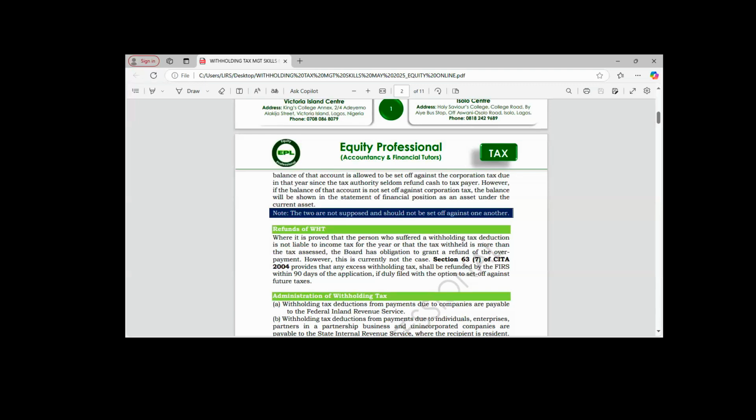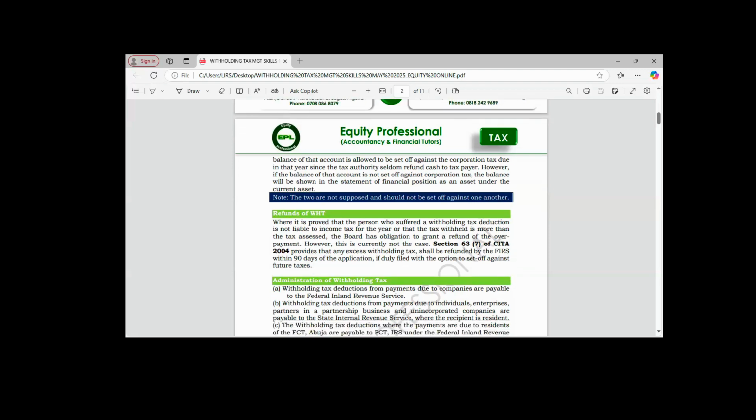But where you are still going to be in business, you are going to use it to claim your subsequent tax liability. But where you are going to stop business and you have a refund, or where you are not liable to tax as a result of the nature of your activity, you are going to get a refund of the withholding tax within 90 days of application, once it has been established.